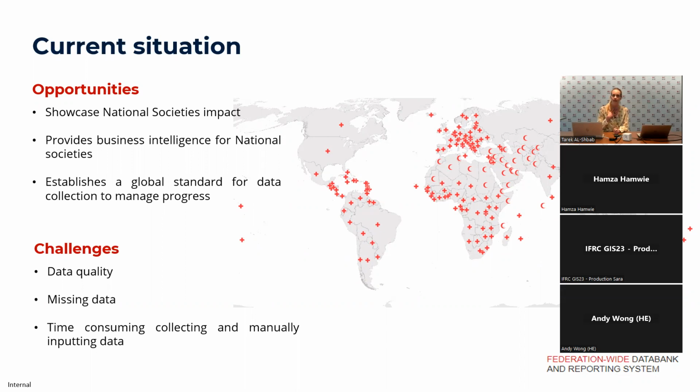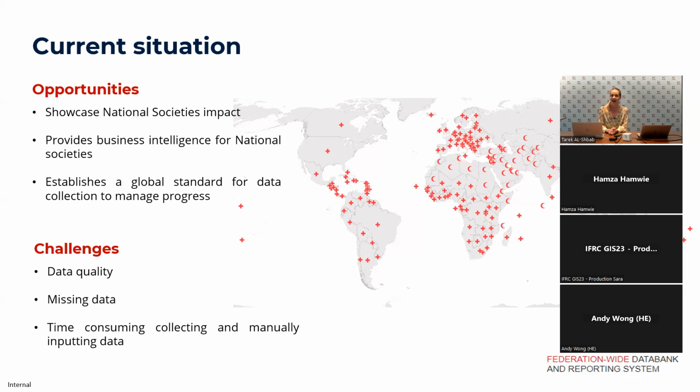So we can see the contribution, but it also gives the national society an indication of how they're performing as well. And it also establishes a global standard for the data collection, as we're trying to collect the same data, the same indicators, from all of our national societies.